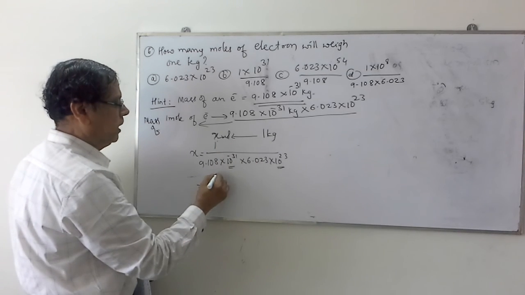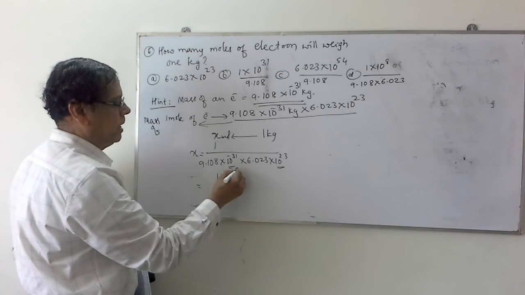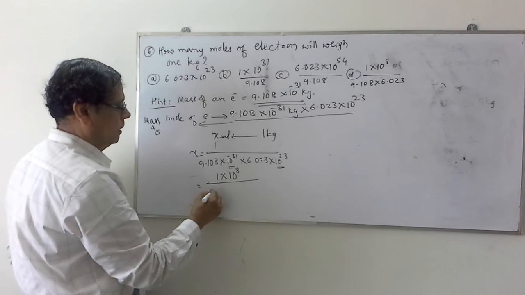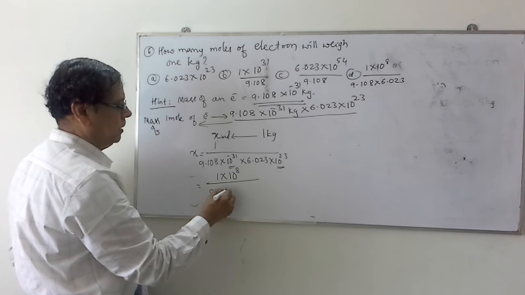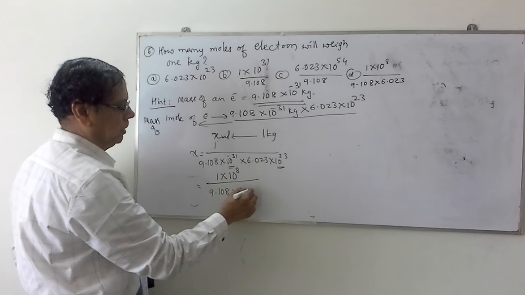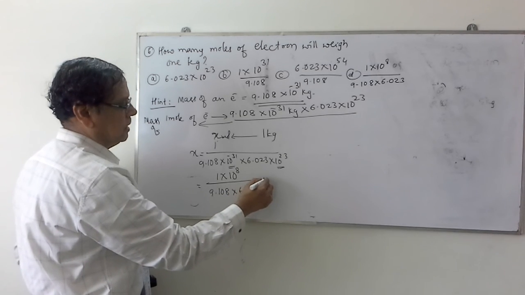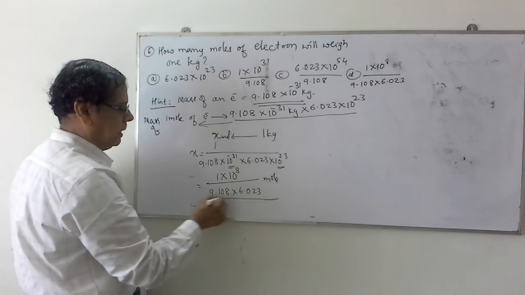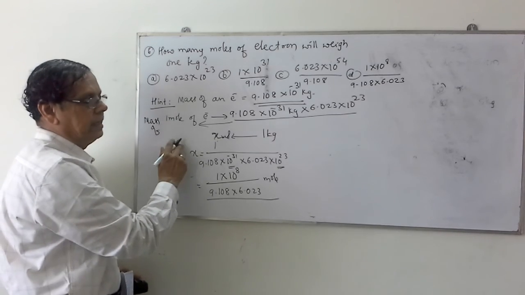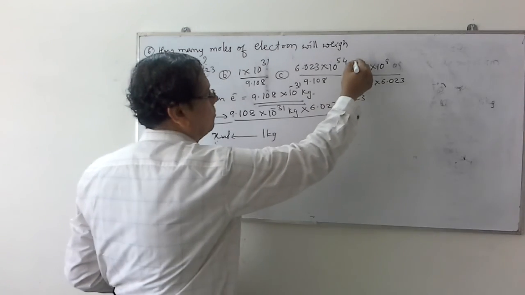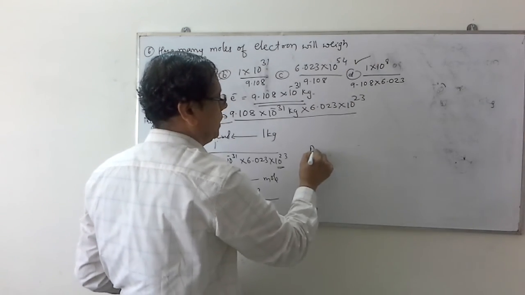That comes to the numerator as 1 into 10 to the power 8 divided by 9.108 into 6.023. This is the number of moles having the mass equal to 1 kg. Therefore, the correct answer will be this option D.